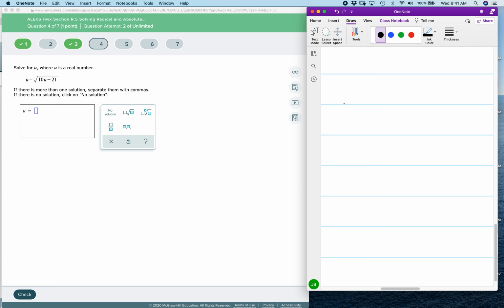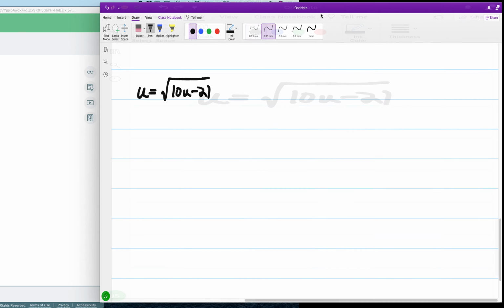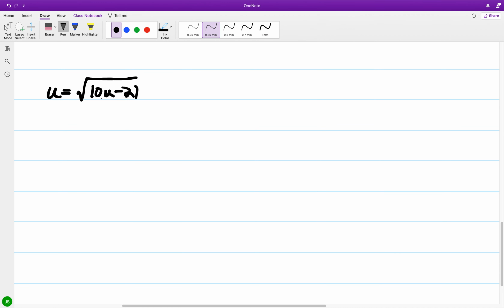Now, in solving for u, we have another radical equation: u is equal to the square root of 10u minus 21, and we have the variable appearing twice.